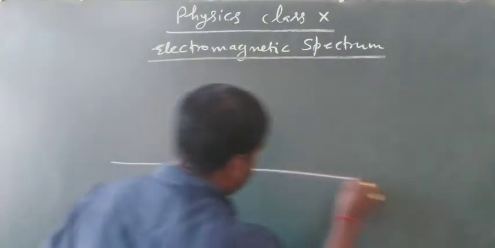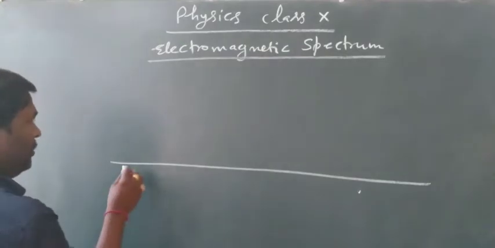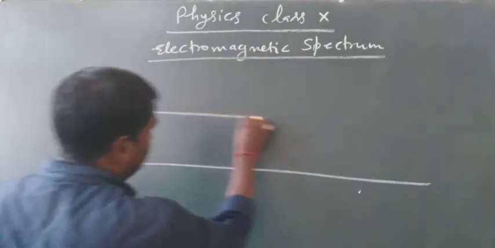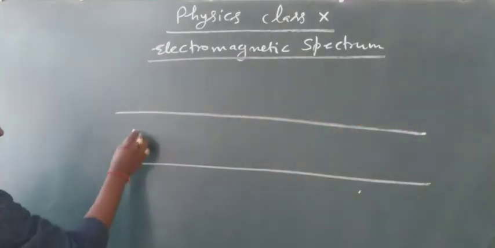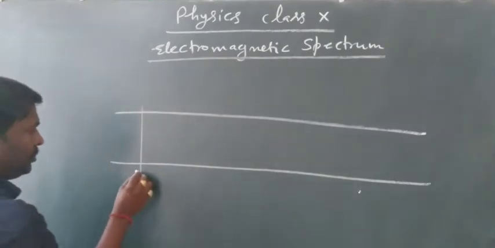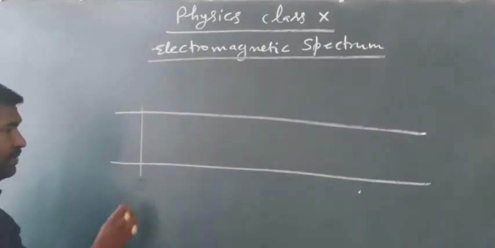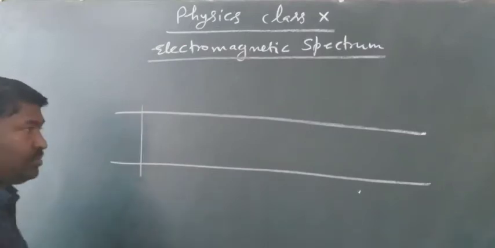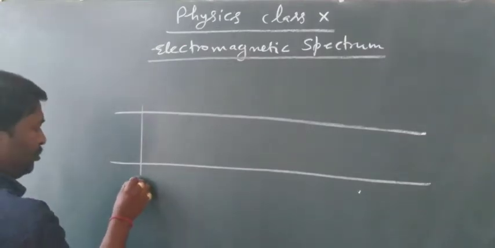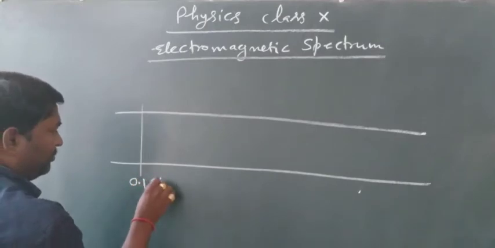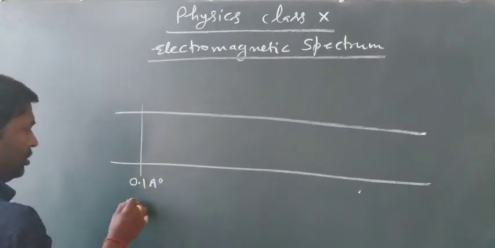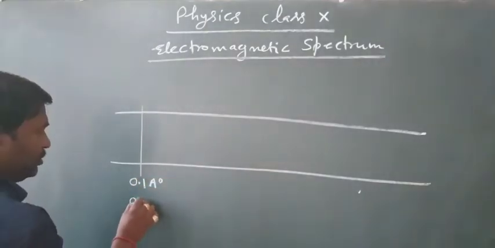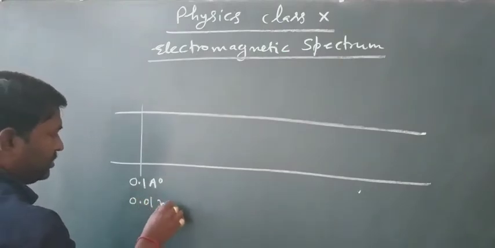Here I am showing you wavelengths in angstrom and in nanometer. In both cases, I would like to show you 0.1 angstrom or 0.01 nanometer.